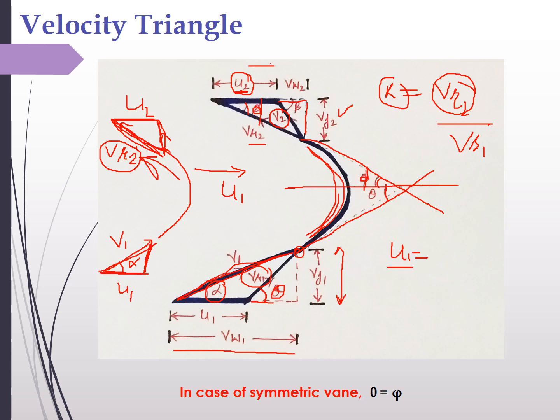In both the cases, it is in this direction. So that's why Vr2 is outside over here, and V2 will be inside. It will be there for each and every case. So you should remember that Vr2 will always be in the outward direction in comparison to V2 as far as the outlet velocity triangle is concerned.